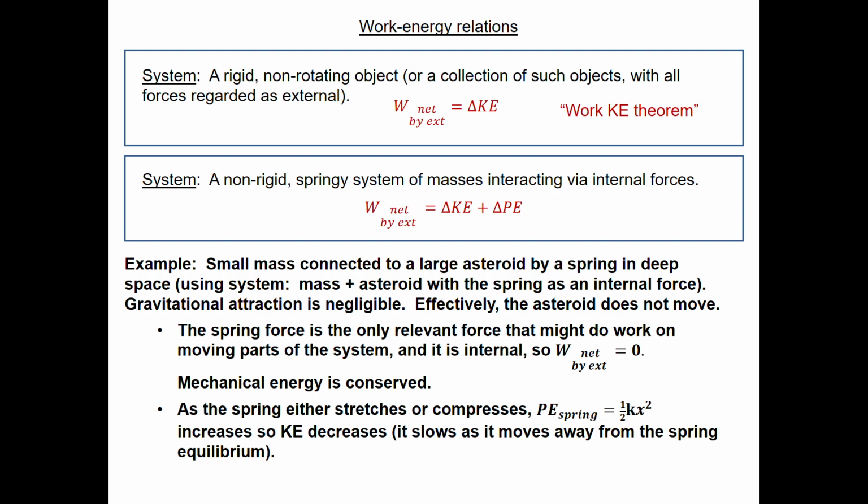In that case, the spring potential energy increases, but at the same time the little rock is going to slow down, so the kinetic energy of the system will decrease. And similarly, as the spring starts to decompress and speed up as it goes back towards the relaxed position, the potential energy stored in the spring will decrease, and that means the kinetic energy has to increase. That's what happens when you have a compressed spring and it decompresses as it moves towards its equilibrium position.